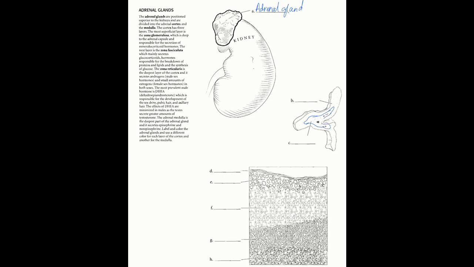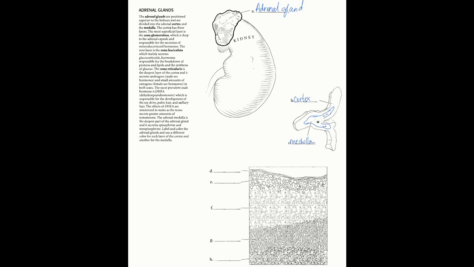You have two sections here, one being the cortex and the other being the medulla. The medulla is the more central tissue of the adrenal gland.